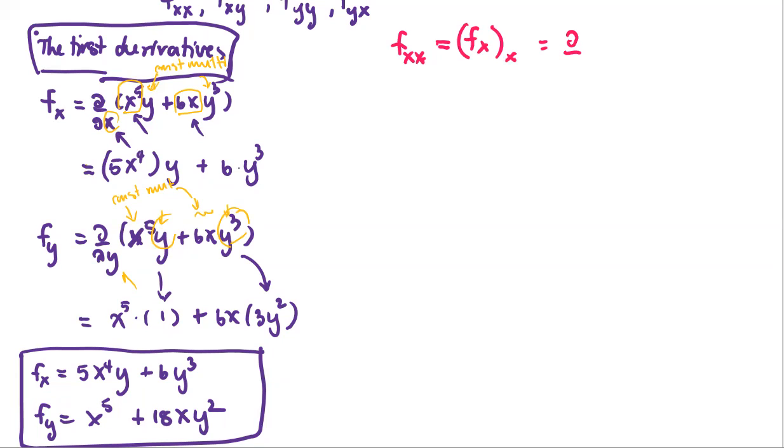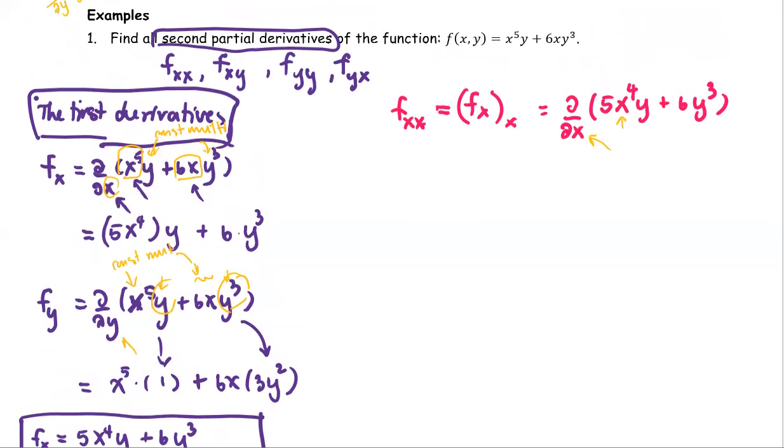That means you do the partial derivative with respect to x of 5x to the fourth y plus 6y to the third. With respect to x, target the x, y is going to be the constant. This is treated as a constant multiple because it's multiplied with the x term. This one is considered a constant in general.